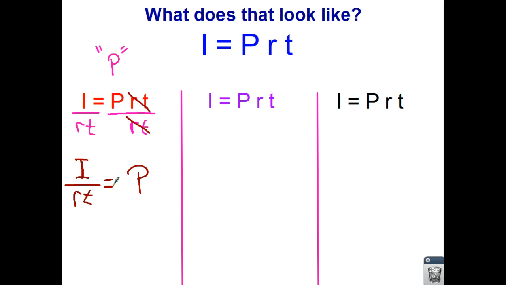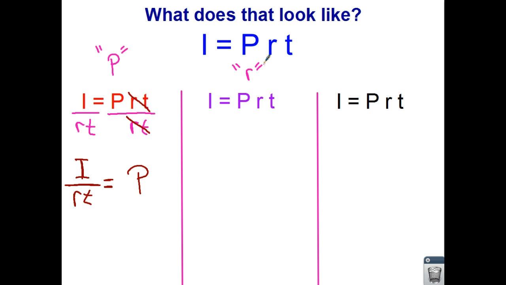Okay, the third one. Remember, we have one way where I is solved for, and P has been solved for. Maybe we want to solve for the rate. Okay, same idea. This is all multiplication. R is the letter in question. And that means we need to get the P and the T out of there, over to the other side.